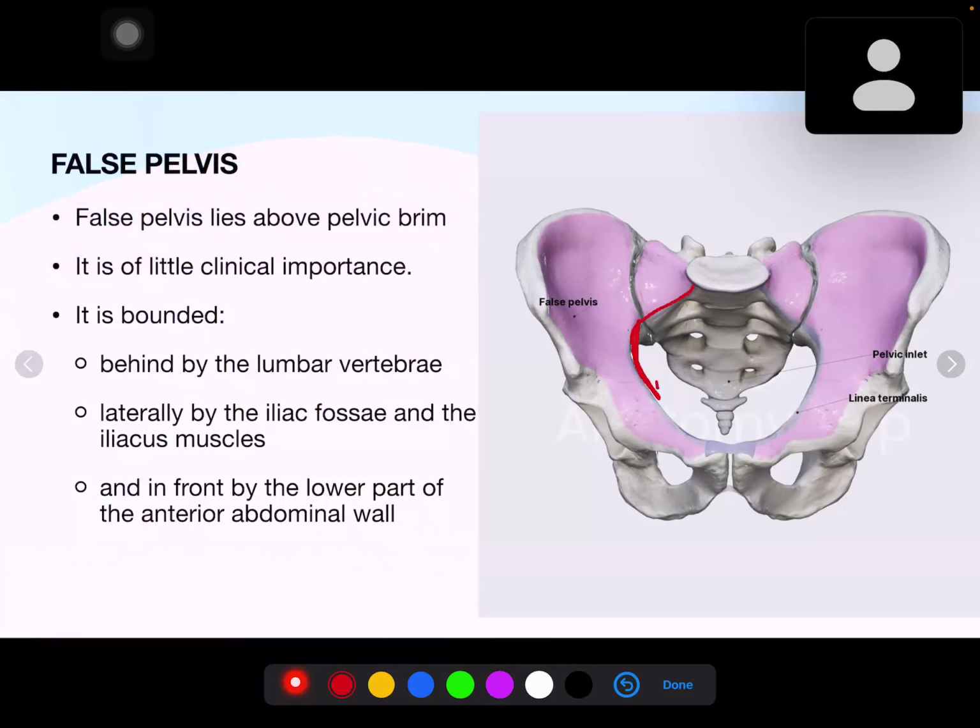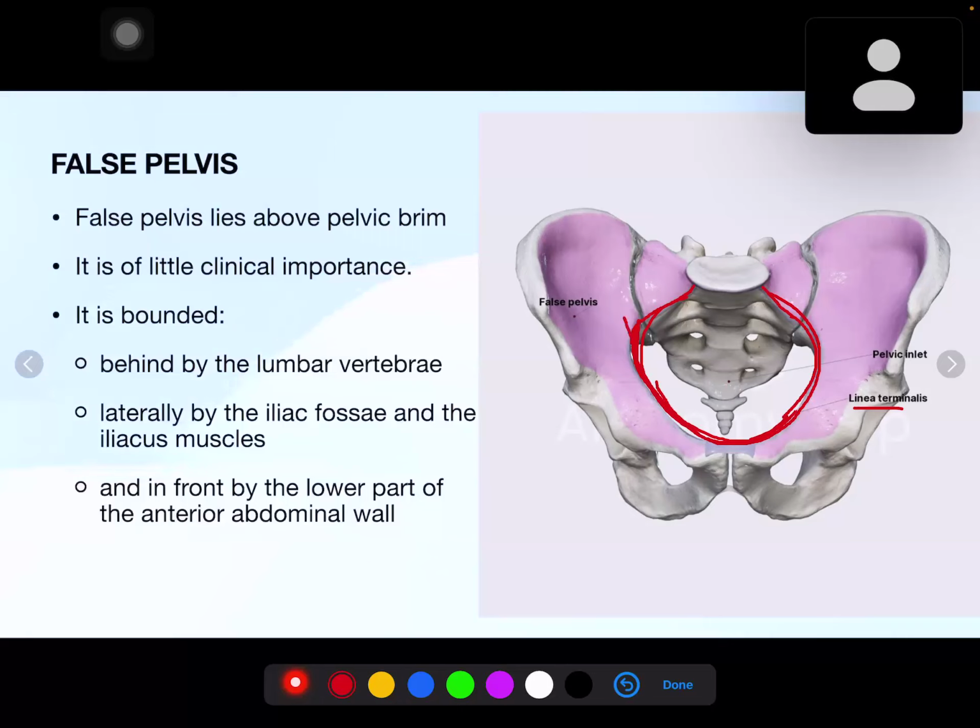If you connect it through the sacrum, the iliopectineal line, and here will be the pectineal line, the pubic crest. See, this whole thing is also called the linea terminalis or pelvic brim. So this is the pelvic brim. It is a very important landmark for obstetrics as well.